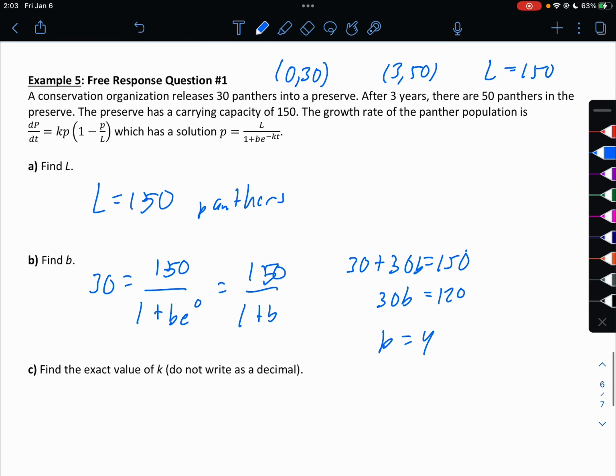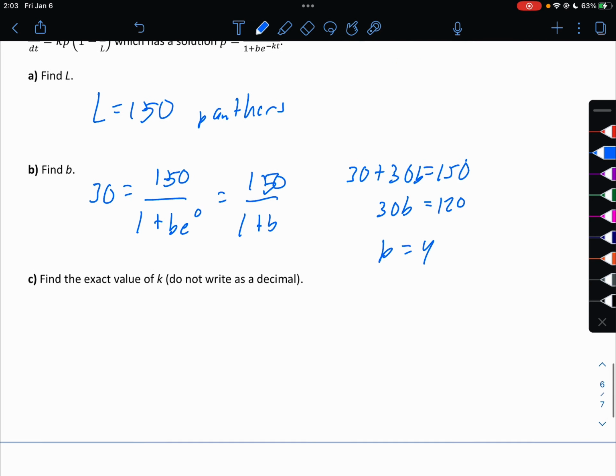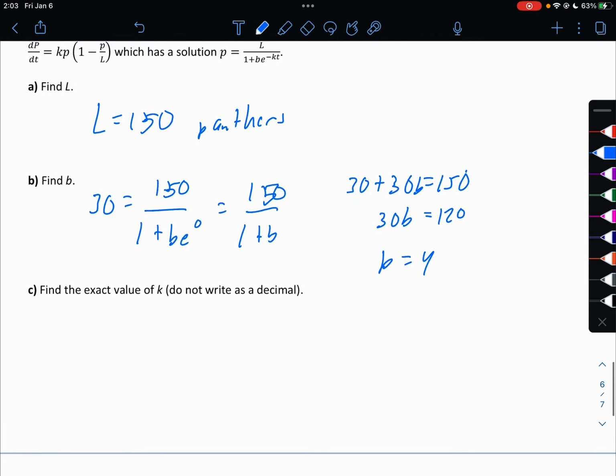And now we'll use our next point to find K. So we have 50 equals 150 over 1 plus our newly found B, which is 4, e to the negative 3k. Solving this, we can do it a couple different ways.